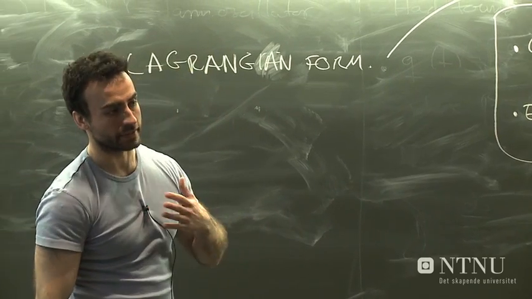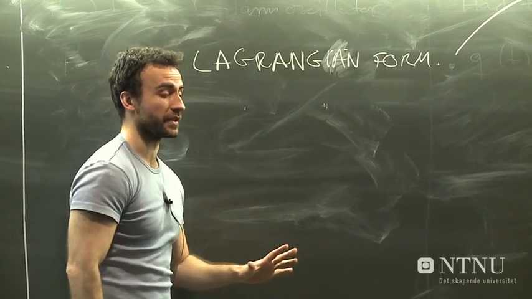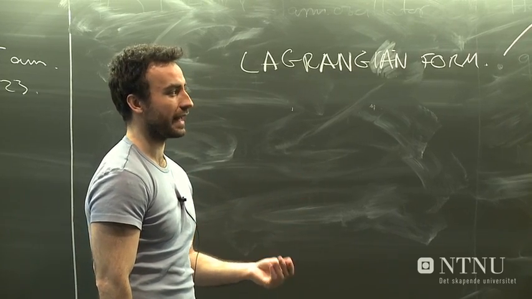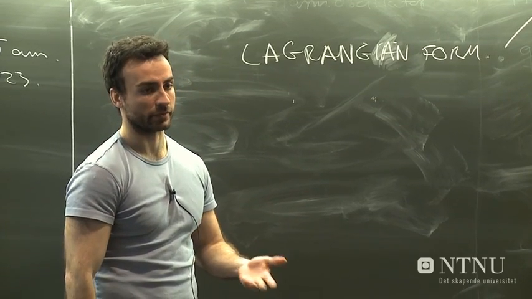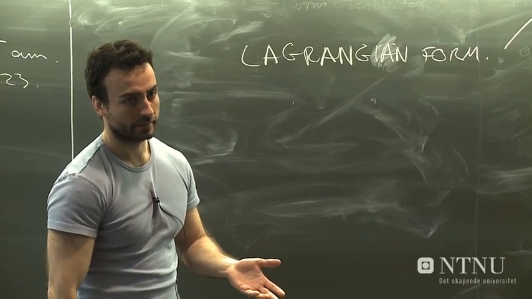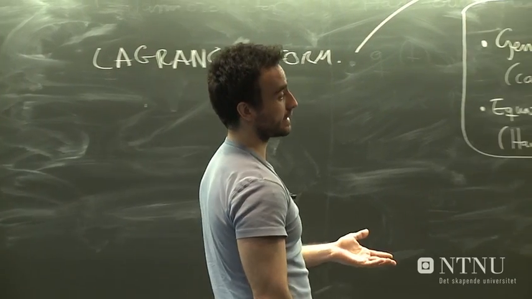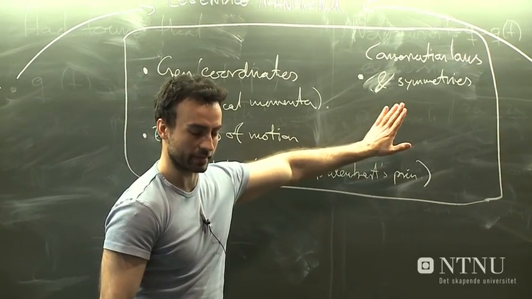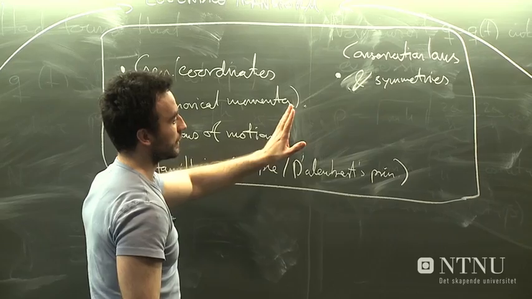We've had a look at how translational symmetry corresponds to a conservation of momentum, rotational symmetry corresponds to angular momentum conservation, and time independence of the Hamiltonian, or time invariance, dictates that we have conserved energy. And let me also mention a couple of concepts which are important related to this.